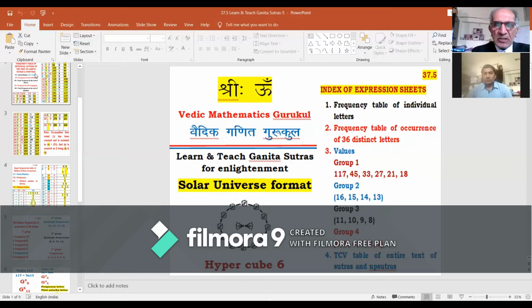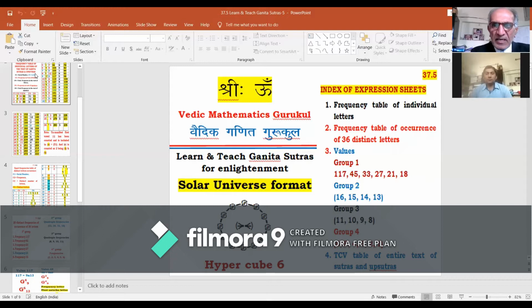The reach of the previous sessions has been up till the frequency table of individual letters. There are 16 distinct letters of the Devanagari alphabet which have been availed for the composition of 16 sutras and 13 sutras as of 519 letters range.